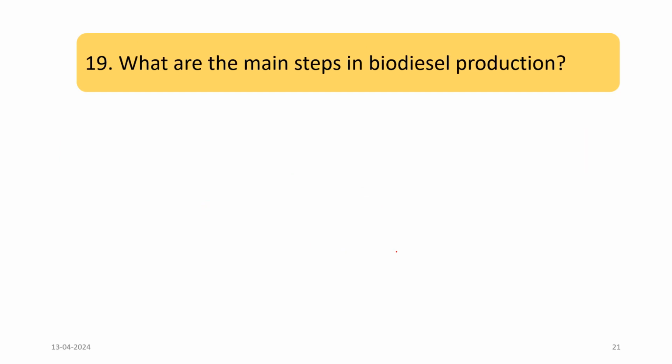Next question, what are the main steps in biodiesel production? So the first thing is oil or fats we are taking as our reactant.